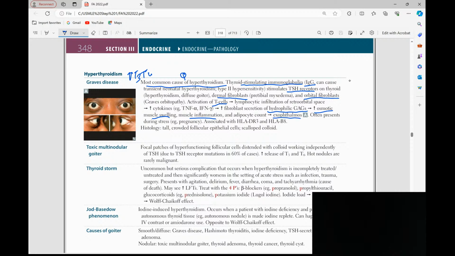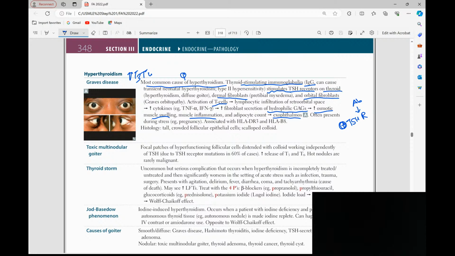So what will happen is an antibody is developed, and this antibody is stimulating the TSH receptor. In other cases, usually the antibody decreases the function, but in Graves' disease, it is stimulating the TSH receptor on the thyroid gland.